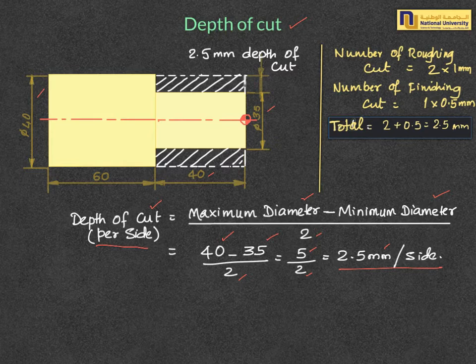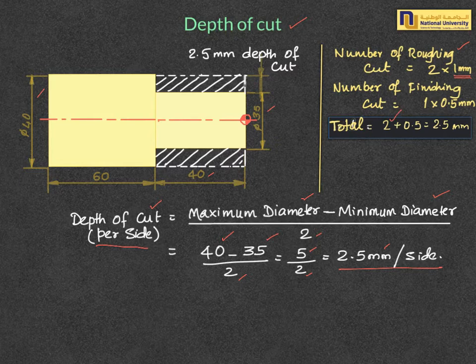So in this, how do we plan the roughing cut, the number of roughing cuts and the number of finishing cuts? Since 2.5 millimeter per side is there, the rough cuts can be taken to be 1 millimeter each. If it is planned as two cuts with 1 millimeter each, then it will be 2 millimeter.